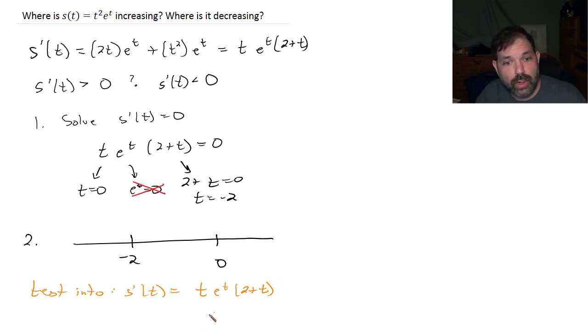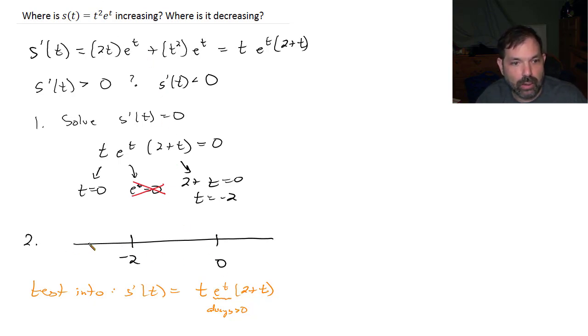And one thing to remember here is that e to the t is always positive. E to the t is always greater than 0 if t is a real number. So that makes life a little bit easier for us.